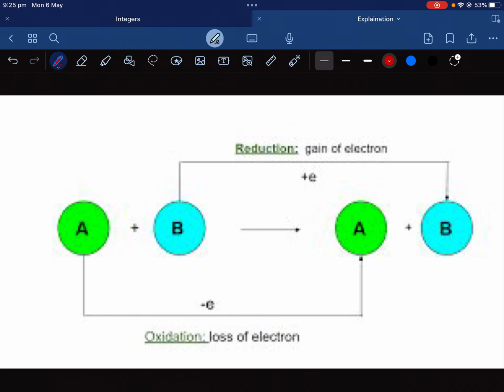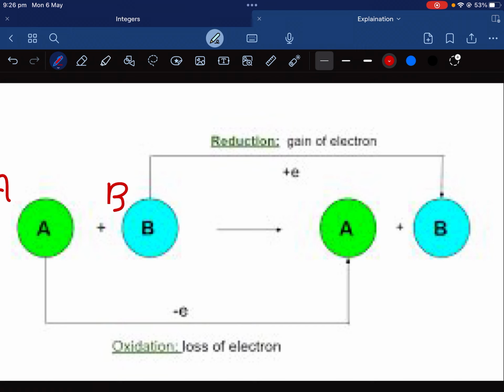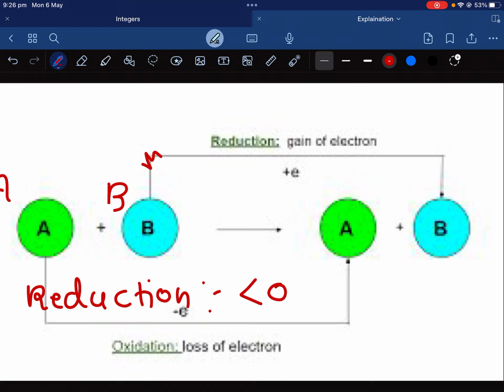Now, don't get scared. For example, we have A and we have B. Okay. B is reducing. What is reduction? Reduction is loss of oxygen and gain of hydrogen.